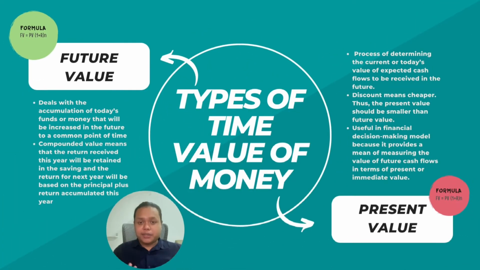It is important to know there are two types of time value of money, which are future value and present value. Future value deals with the accumulation of today's funds or money that will be increased in the future to a common point of time. It is also known as later money and compounded value.